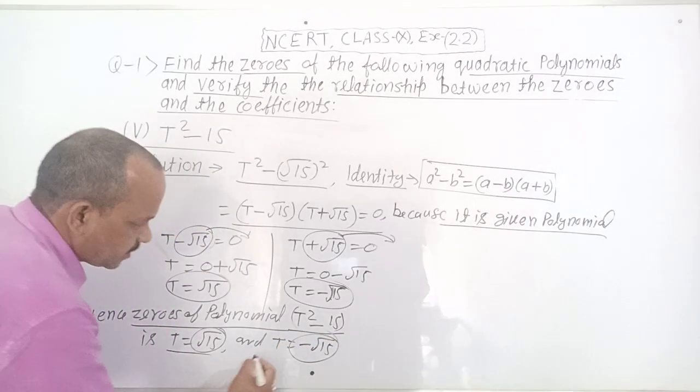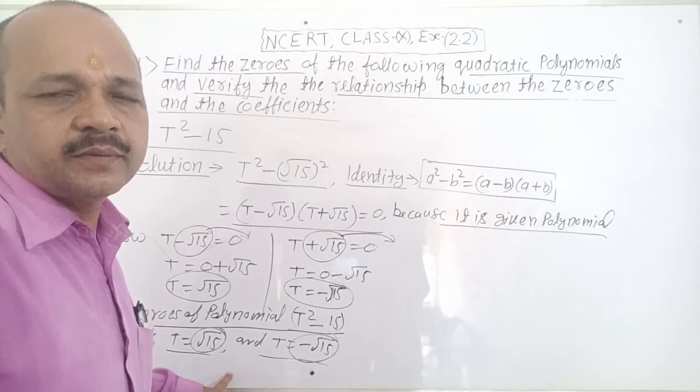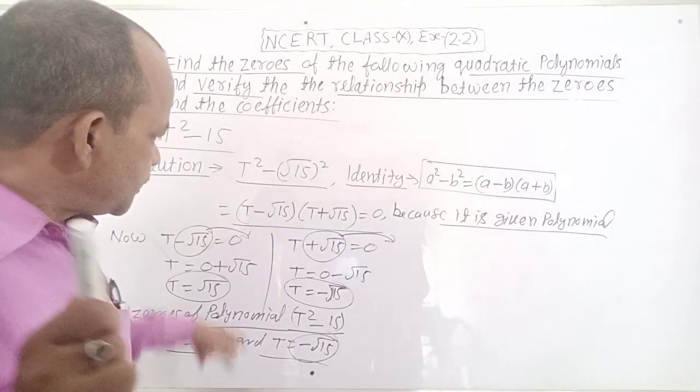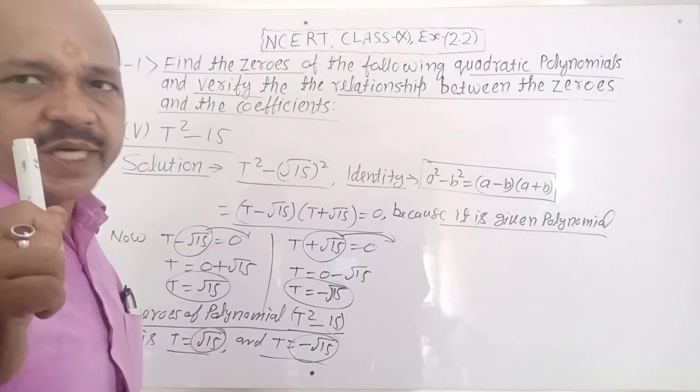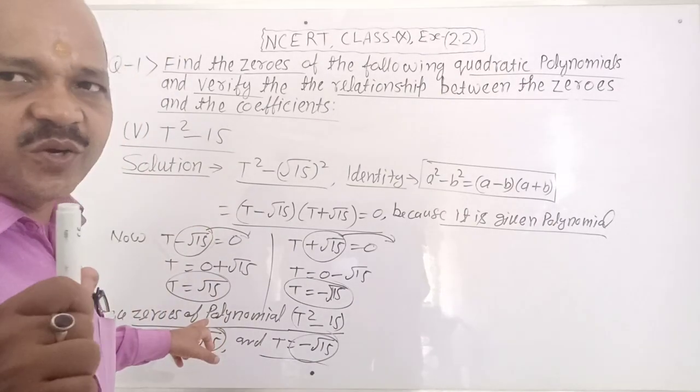It is zeros of given polynomial. Zeros of given polynomial is clear? No confusion about it? Very good.